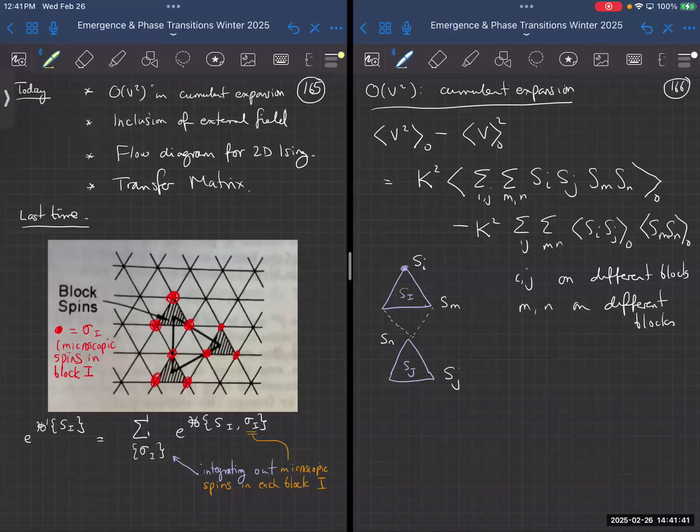Question, yeah. I was wondering, I wasn't here for the last one, but I watched it online. And something I was confused about is that, so Si and Sj, the microscopic spins, are not nearest neighbors, right? So it's our original. Do you mean the microscopic ones? The microscopic. Yes.